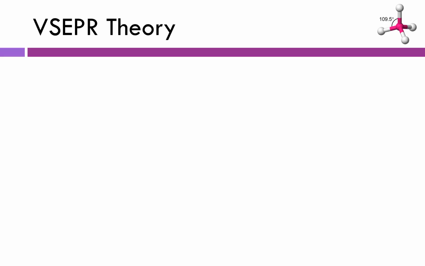We have a theory to help explain this spreading out of electrons, and it's called the VSEPR Theory, which stands for Valence Shell Electron Pair Repulsion. So valence, because we're talking about the outermost electrons, and repulsion, because we know that the like charges of the electrons are going to be repulsive forces and force the bonded pairs and non-bonded pairs of electrons to spread out.